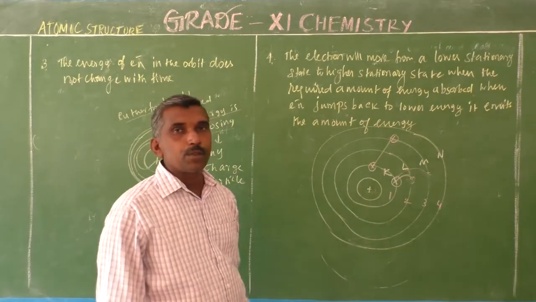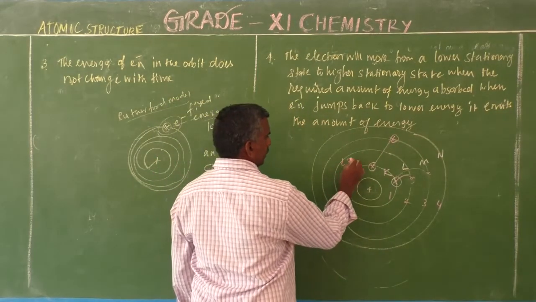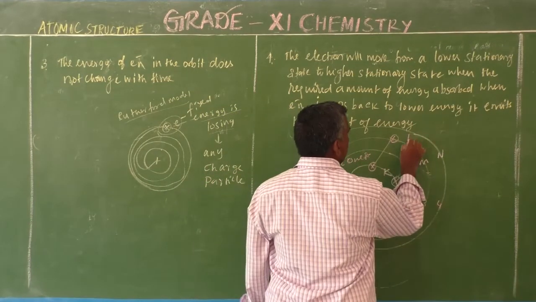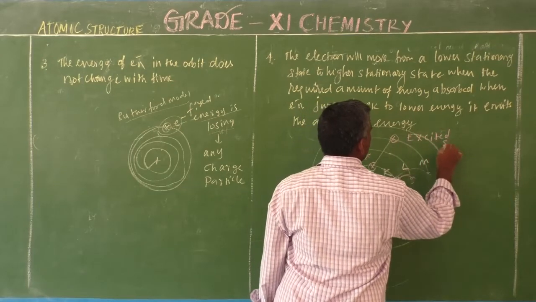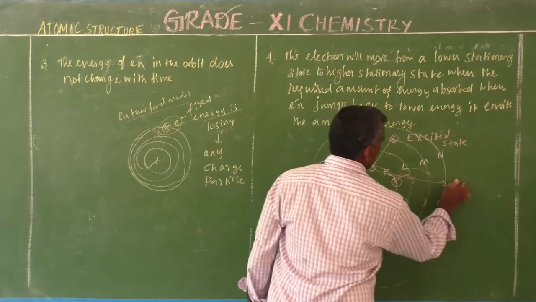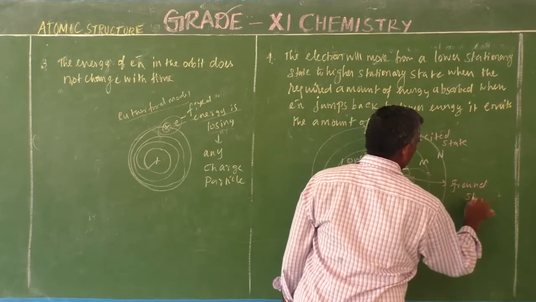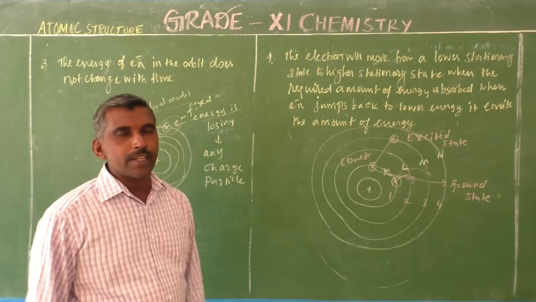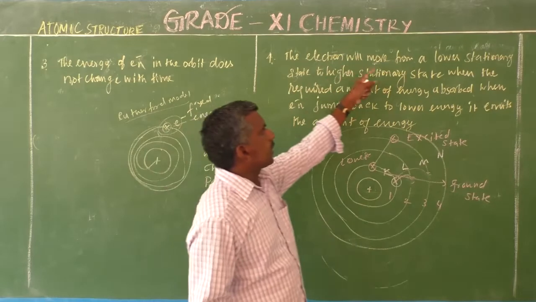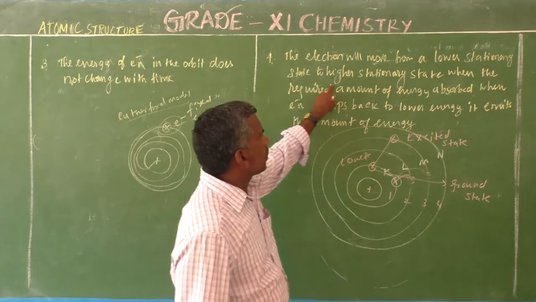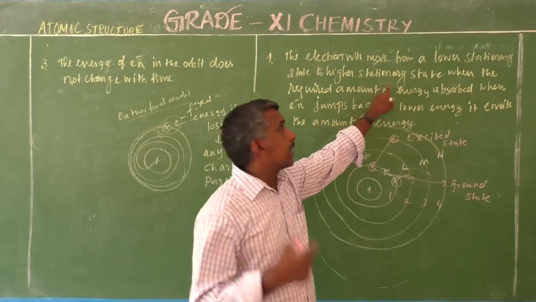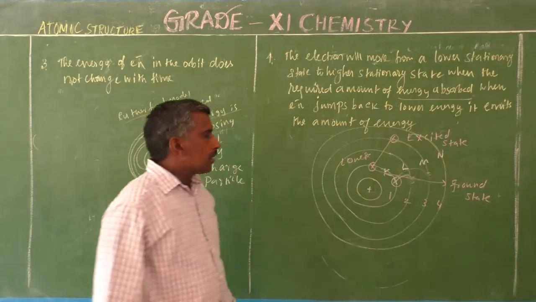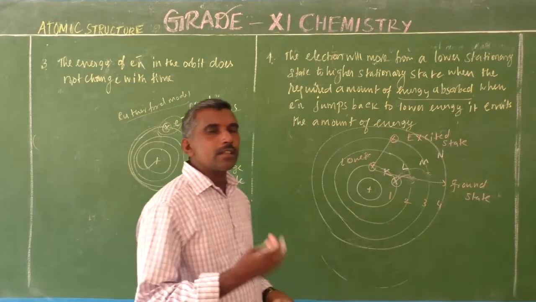Here the energy is absorbed. This is the lowest energy state, the ground state, and this is the higher energy state, the excited state. When the electron is in the ground state and absorbs energy, it moves from the lowest stationary state to a higher stationary state when the required amount of energy is absorbed.